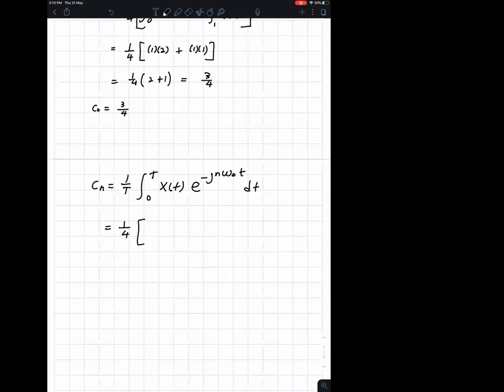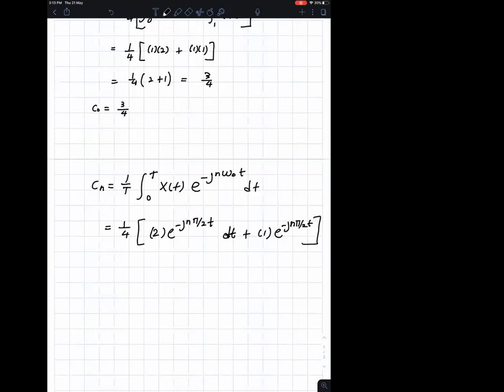One of them is amplitude 2, e to the negative j n omega naught, which we calculated earlier to be pi over 2, dt, and the other area is plus 1 e to the negative j n pi over 2 t.